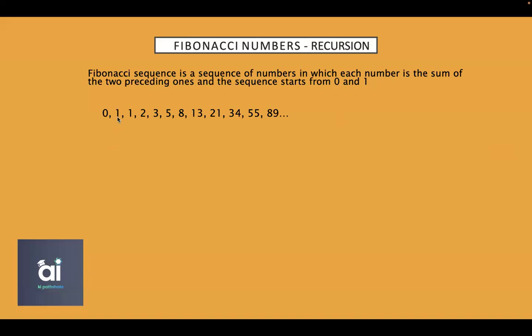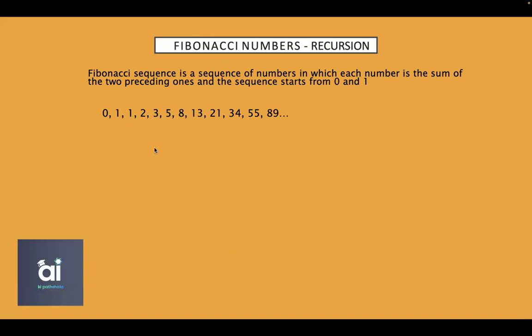So the next number is the sum of preceding two. Here in this case, 1 is the sum of 0 and 1. And the next number is 2. 2 is the sum of 1 and 1, which is equal to 2.